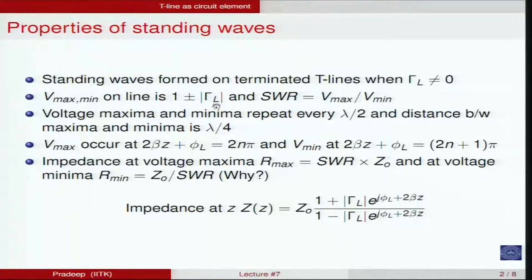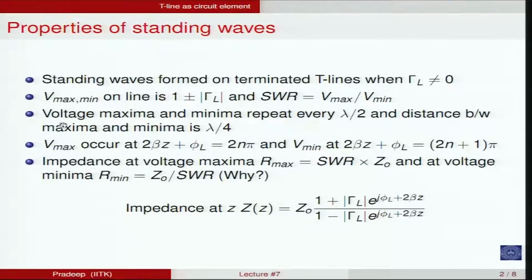When the magnitude of gamma L becomes 1, which could be either an open circuited load or a short circuited load, standing wave ratio goes off to infinity. In the same way, the magnitude of the reflection coefficient for passive transmission lines has to be between 0 and 1, 0 corresponding to no reflection, 1 corresponding to complete reflection.